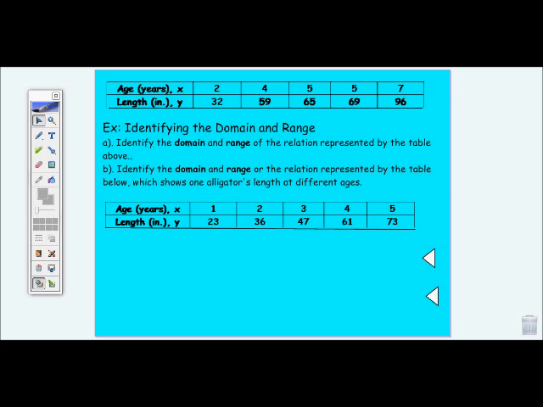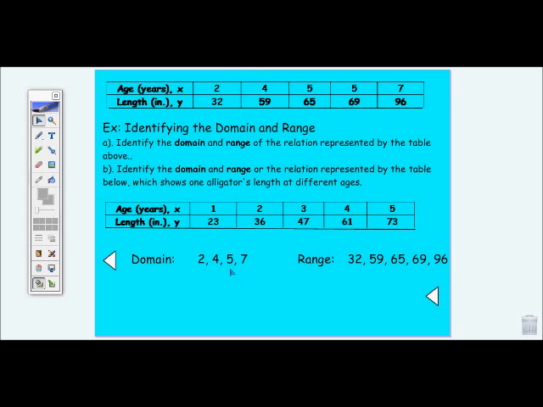The new table shows one alligator's length at different ages. So if I look at the top table here, again, the domain are the x's, and the range are the y's. So the domain for the first table would be 2, 4, 5, and 7.